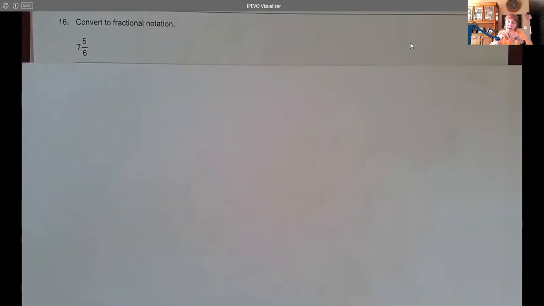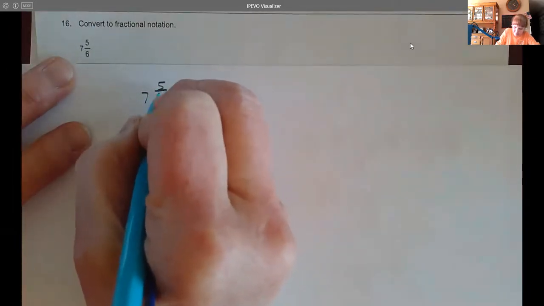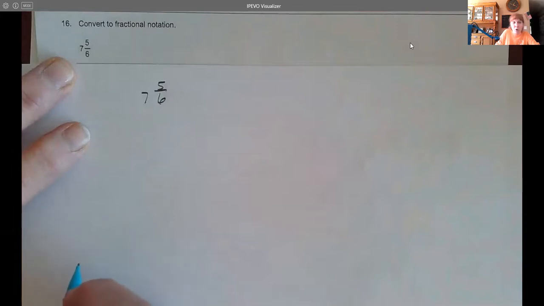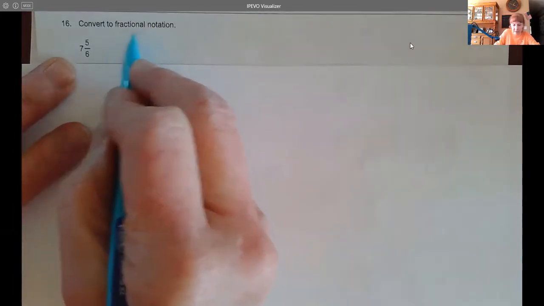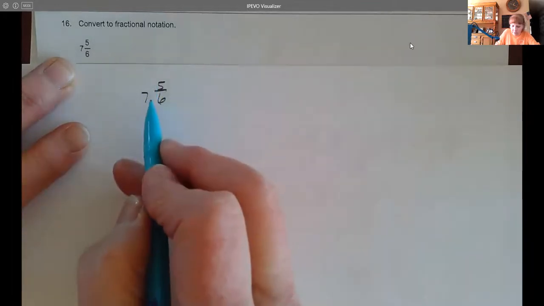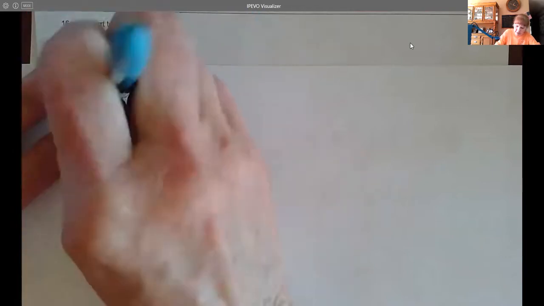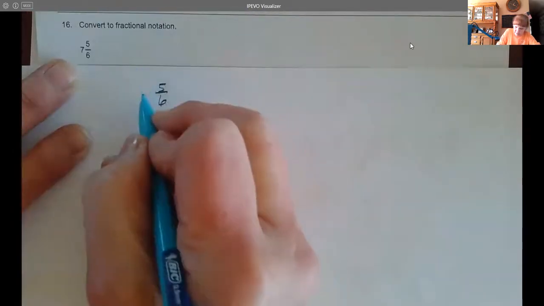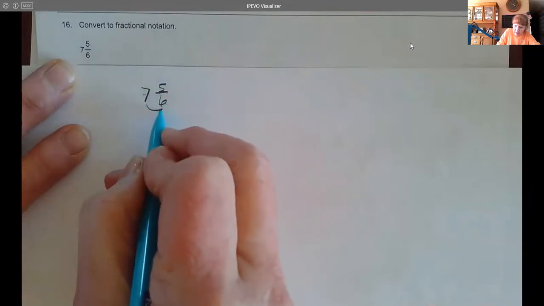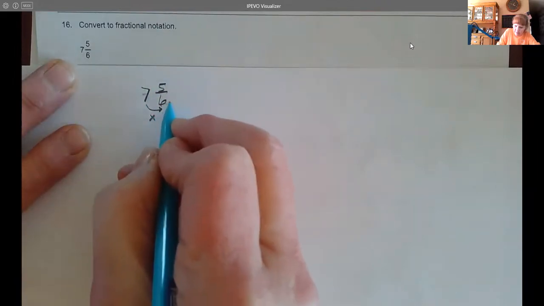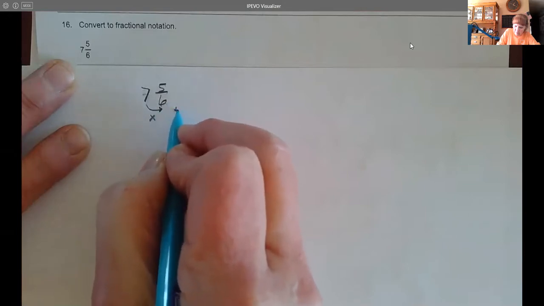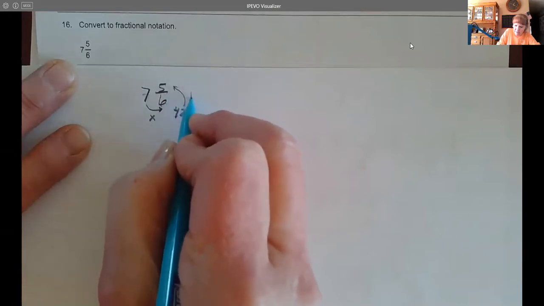So to convert it, when MyMathLab asks you for a fraction, it doesn't want 7 and 5/6. It would rather have an improper fraction. Normally we used to call these improper fractions. Now they just call them fractions. So what you do is you take 7 times 6 and add the 5. So I'm going to make this 7 a little bit larger. Move it up. So you multiply those, and you get the answer, and then you add the 5.